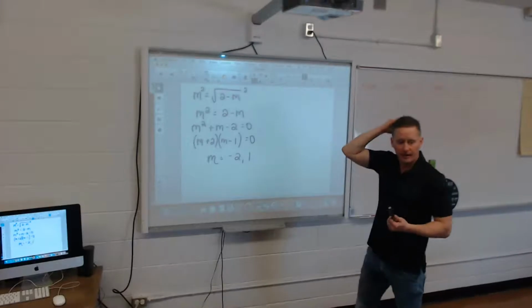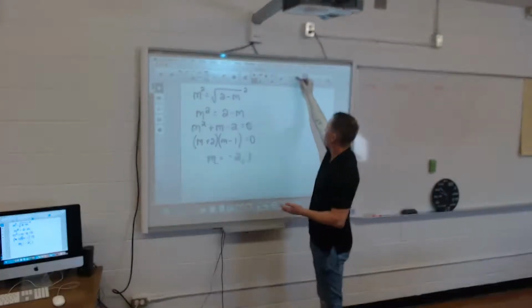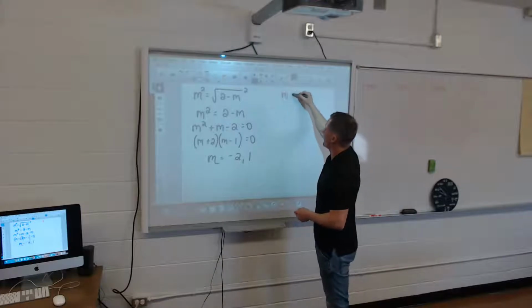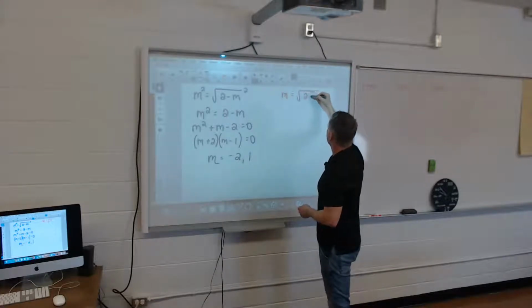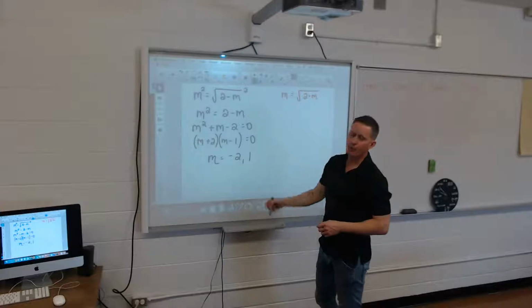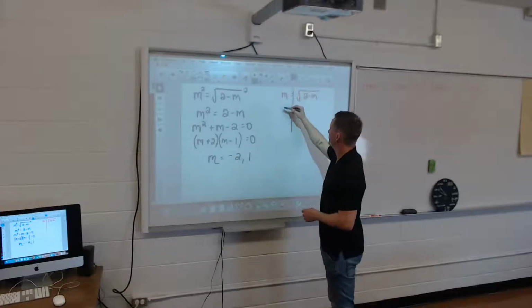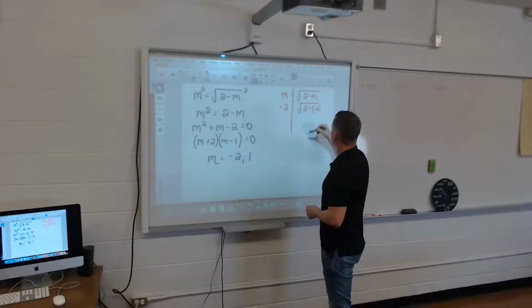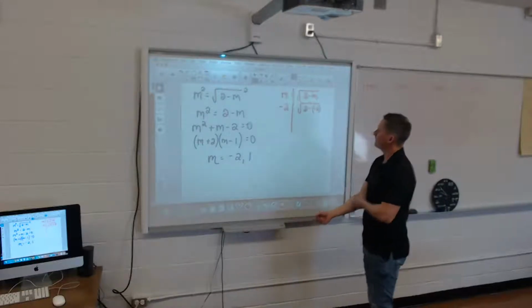Okay. So here's why I check my solution. So I started with this. I started with m equals square root of 2 minus m. So I put a -2 in there, and then I have 2 subtract -2. Okay?